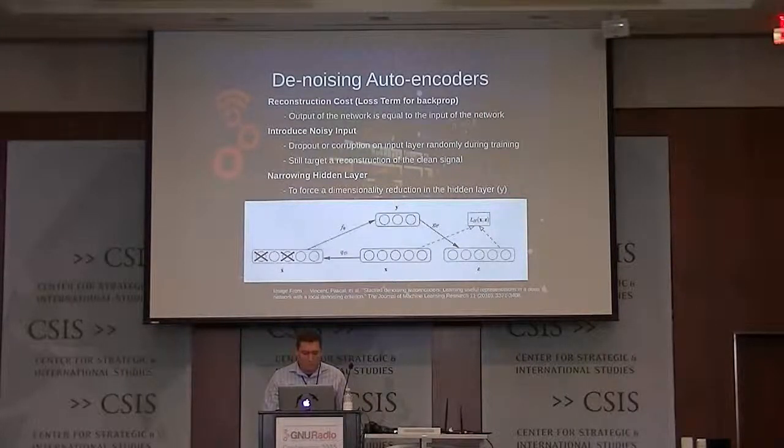You're then projecting it through a weight vector and an activation function into this hidden layer y, and then you're projecting it back down through another set of weights and an activation to this vector z. And your loss function for training this whole thing is you'd like x to be as close as possible to z. And so you're usually going to compute like a mean squared error between those two vectors as your loss function. And that's where you get your error gradient that you can do backprop from.